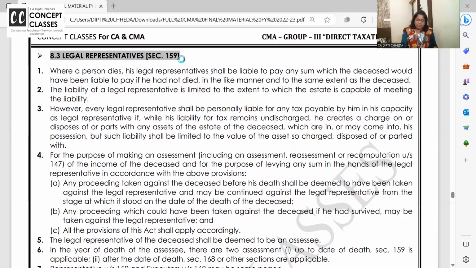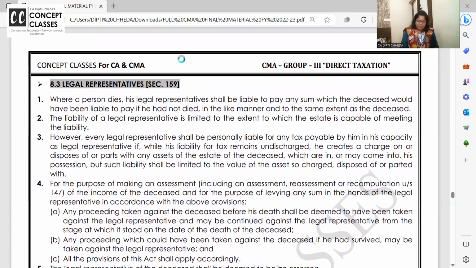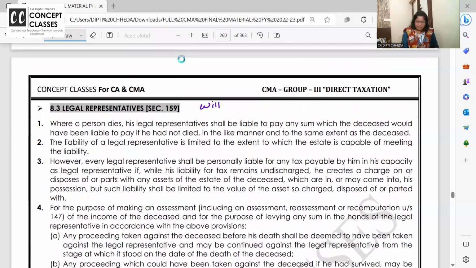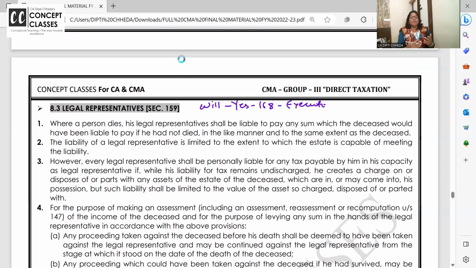I want all of you to write here in the beginning only. When a person is deceased and if there is a will, then who will come in the main role? Section 168, executor. The executor's job is to execute the will. Will he get the share in the will? Not necessary. He may or may not.